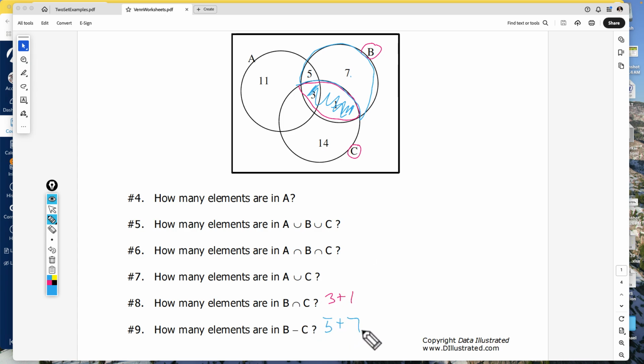Okay, so see how these symbols tell us what regions of the Venn diagram we're talking about. And when we have 3 sets, we have 1, 2, 3 main regions that are individual. We also have this region out here, which is in none of them.